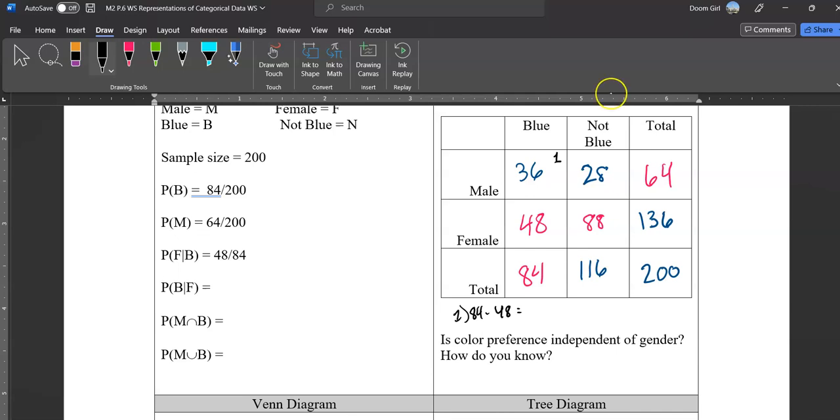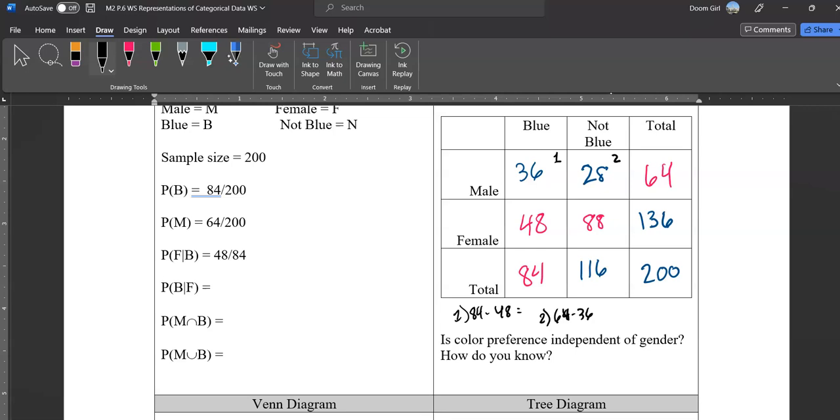Then I got the not male and not blue one right here next, and again I just did some subtraction: 64 minus 36 to get the 28. So I'm just doing a lot of subtraction in order to fill in all the values on the table.